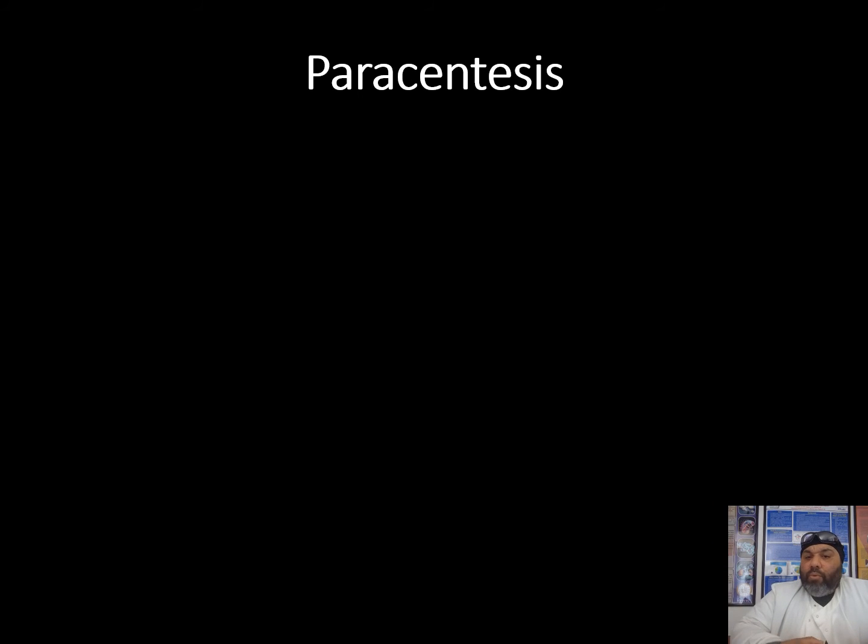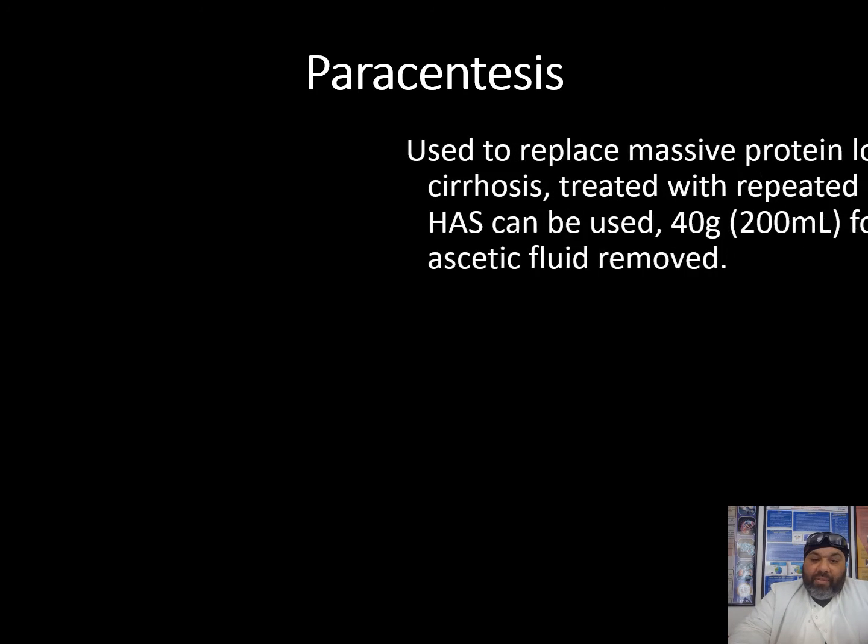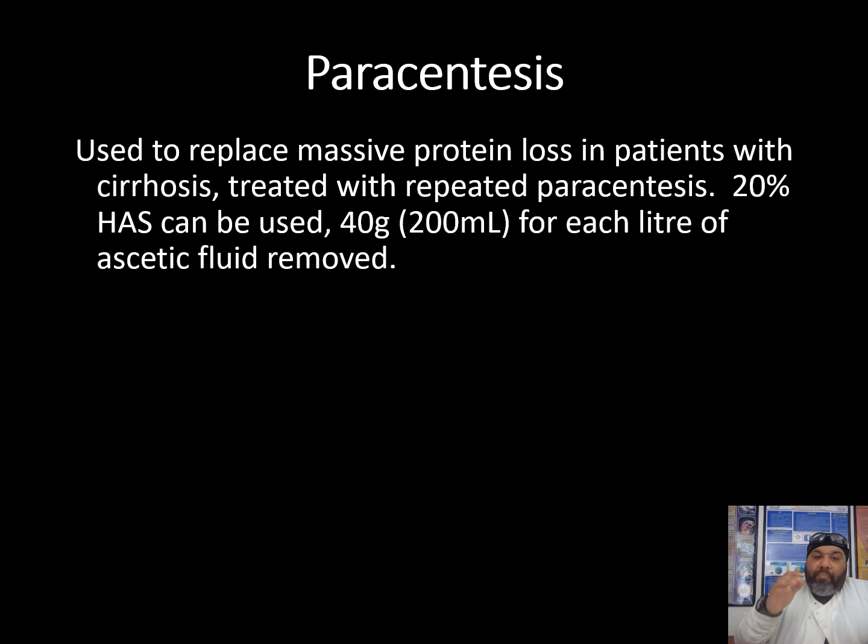There's also something called paracentesis, and this is basically used to replace massive protein loss in patients with conditions such as liver cirrhosis, where protein loss is treated with repeated volumes of paracentesis.